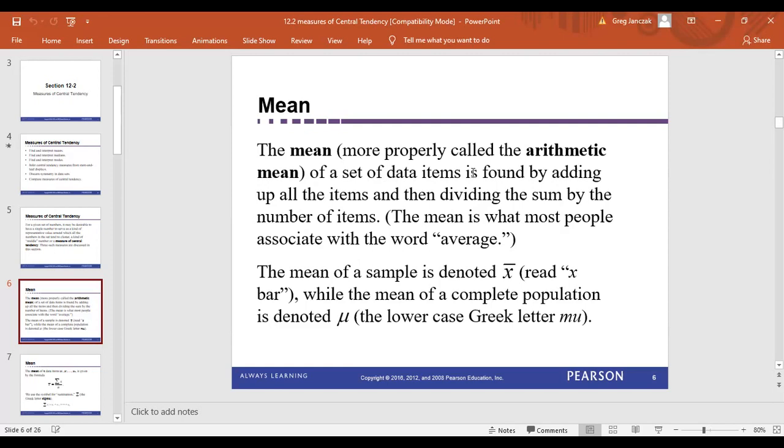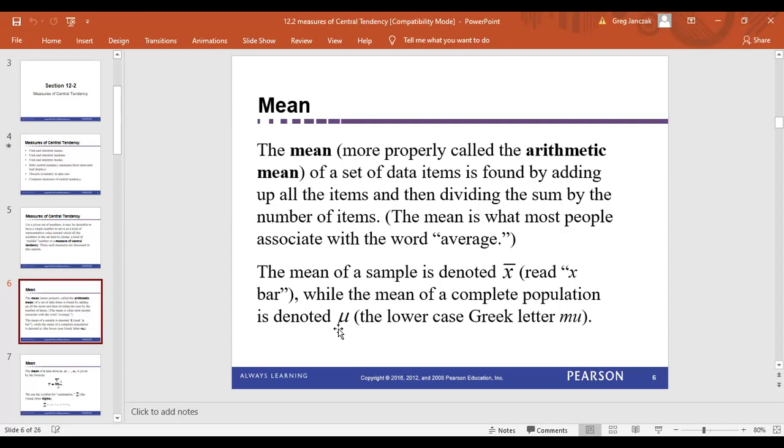We're talking about the mean, which is basically just the average. X bar is the sample mean, mu is the population mean. You could look at the population mean being, let's say, the overall math average for the entire Livingstone College.